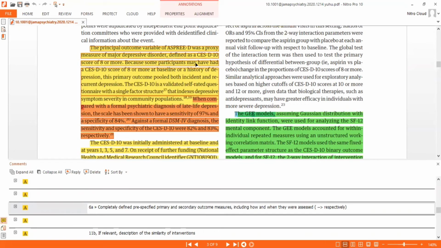Because some participants may have had a CES-D-10 score of 8 or more at baseline or a history of depression, this primary outcome pools both incident and recurrent depression. The CES-D-10 is a validated self-rated questionnaire with a single-factor structure that indexes depressive symptom severity in community populations.